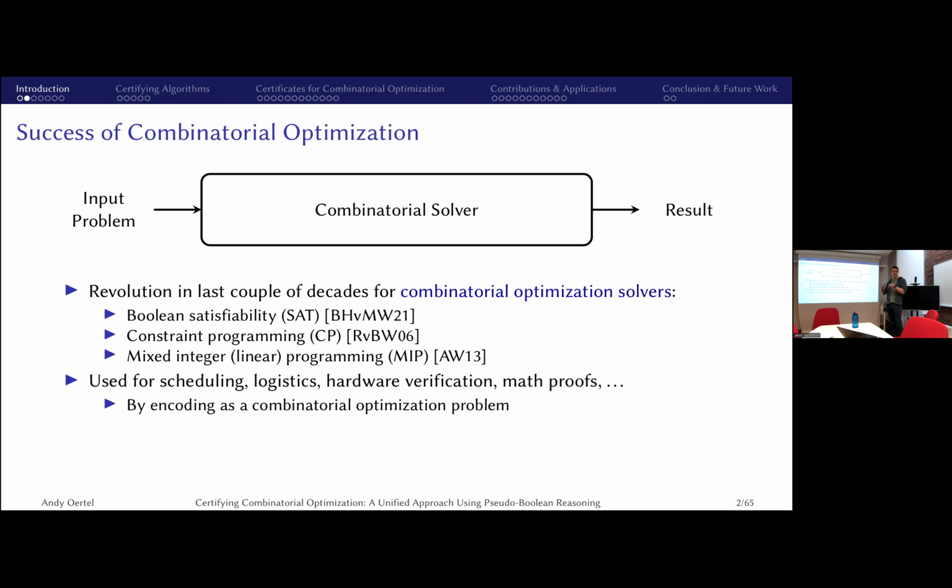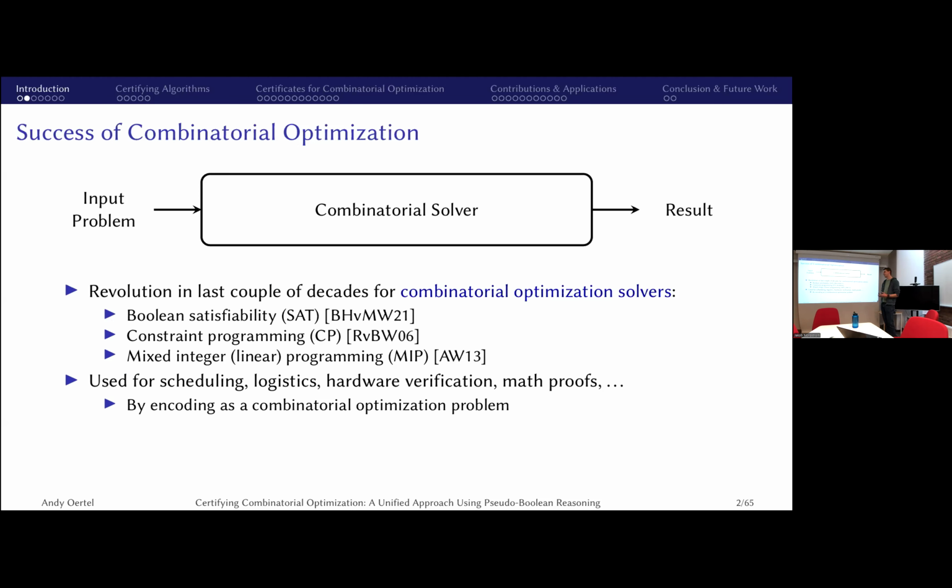And this idea of having this very general formulation has really been a success over the last couple of decades. Just to name a few, there's Boolean satisfiability, SAT, there's constraint programming, there's mixed integer linear programming, and all of them have improved a lot.